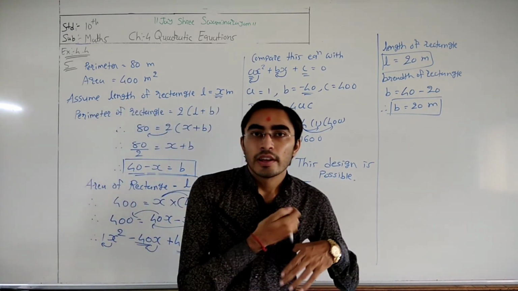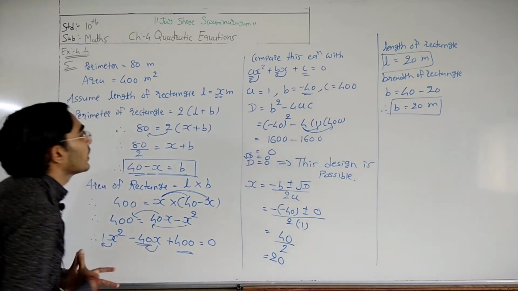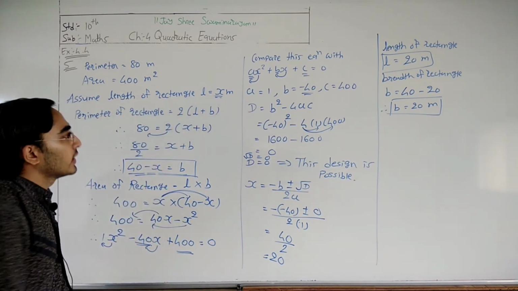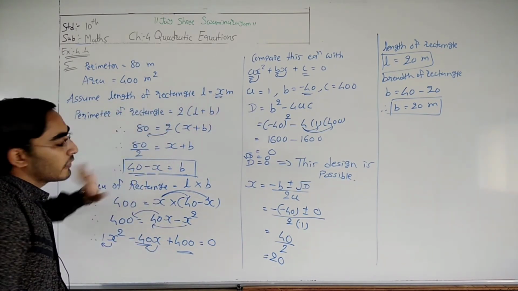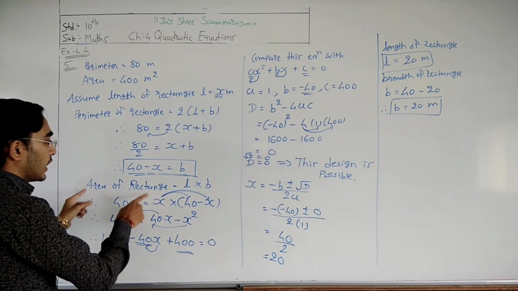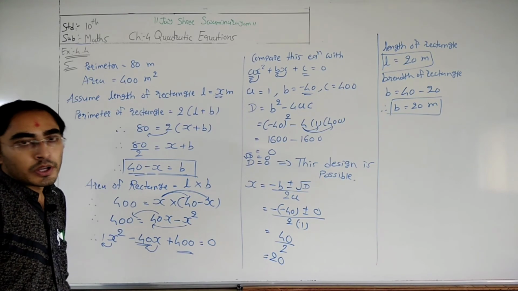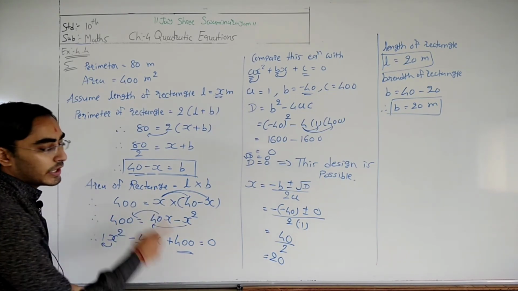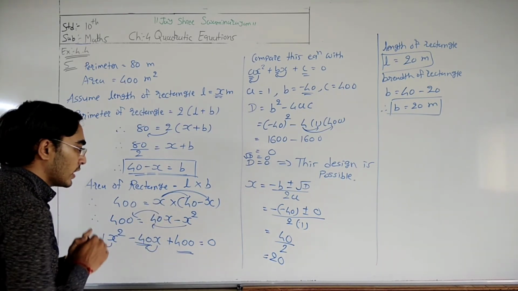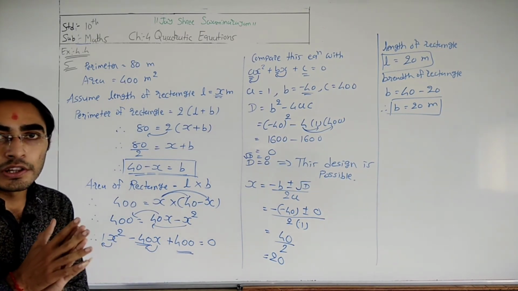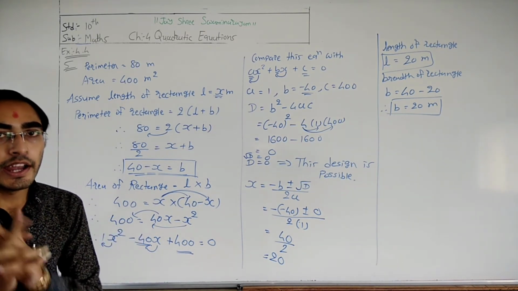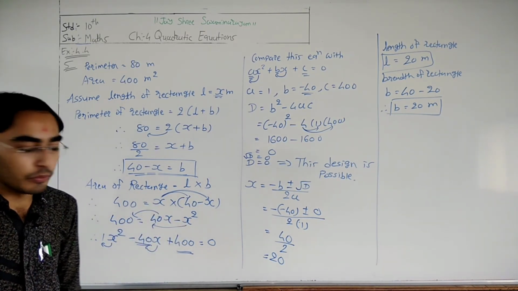Okay. So students, first of all, here we need to assume L is x, and from the perimeter we will get the value of B. After that, area of rectangle is L multiply B, put the value of L and the value of B. So from here you will get the quadratic equation. Here two things are there: all the terms we want on the same side, and our x square we want positive.